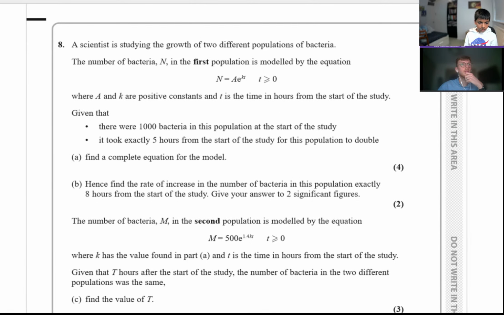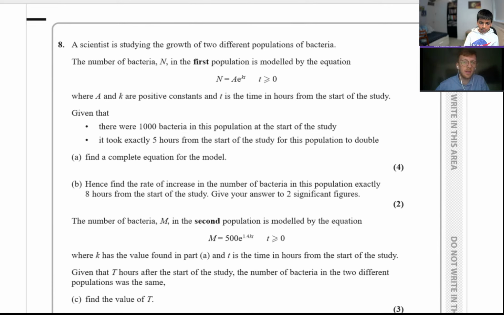So a scientist is studying the growth of two different populations of bacteria. The number of bacteria N in the first population is modelled by the equation N equals A e to the kt, where t is greater than or equal to 0, where A and k are positive constants and t is the time in hours from the start of the study.